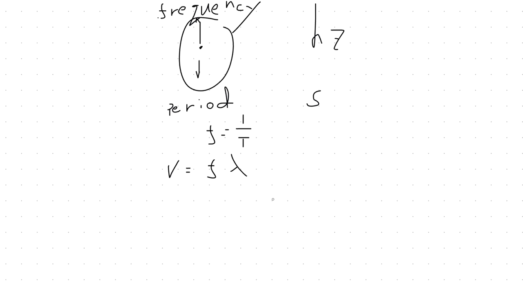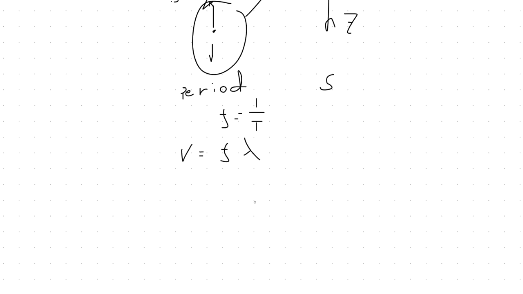Frequency is basically in 1 second, how many oscillations occur, and wavelength is basically one oscillation, how long it is in terms of distance.